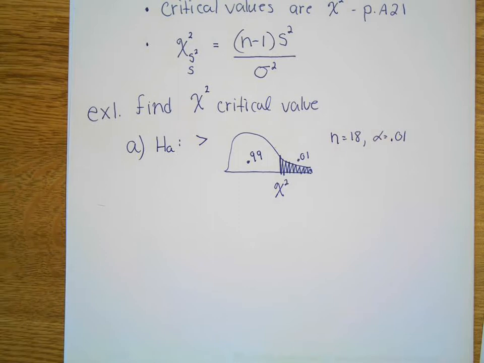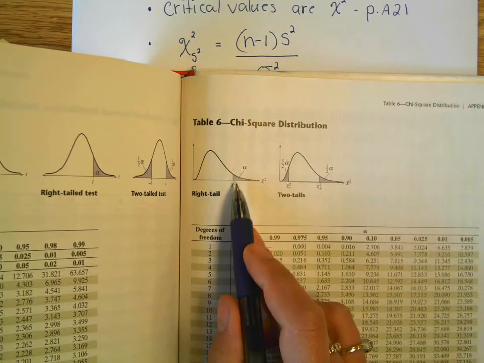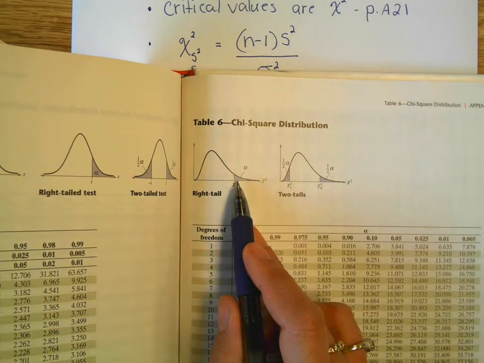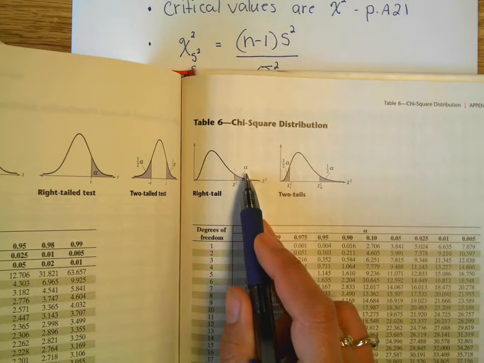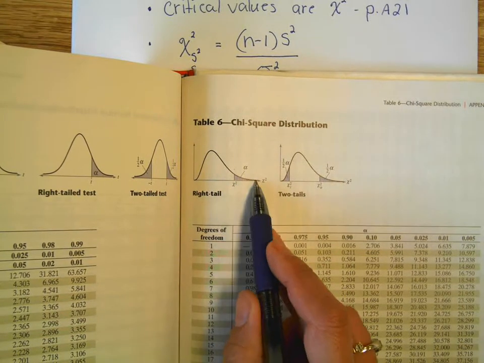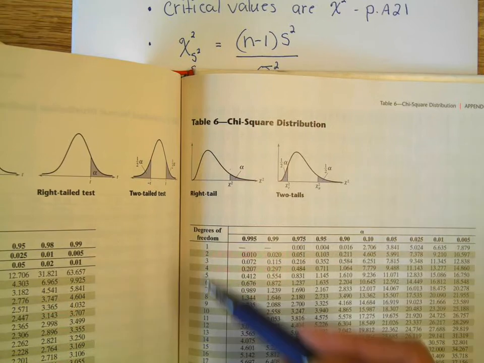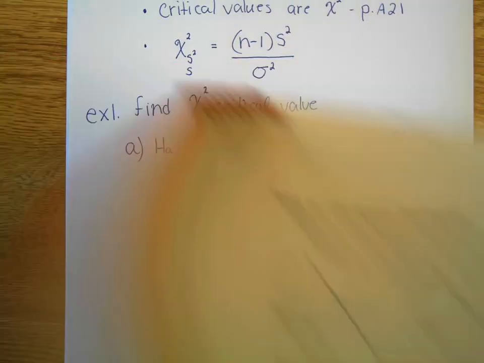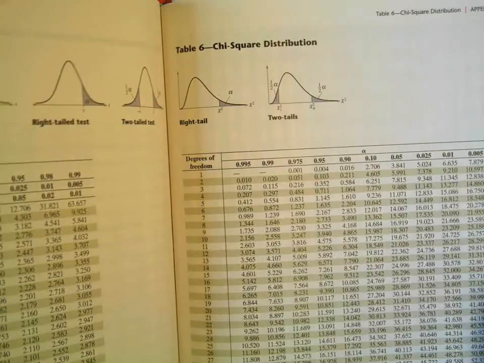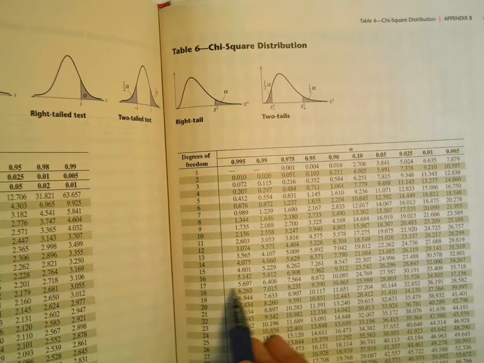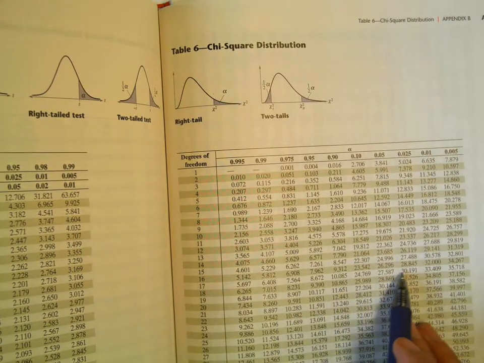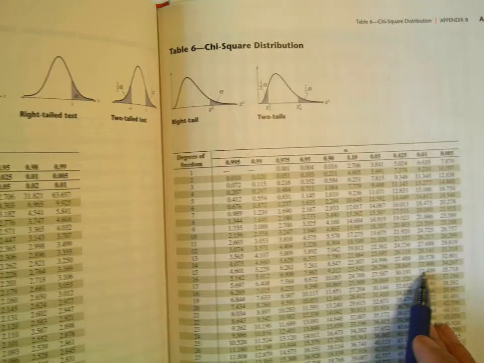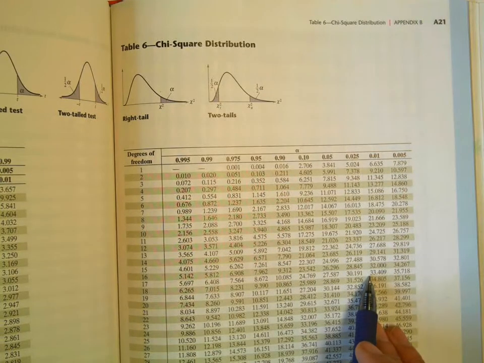Which one do I want to look at, the 0.99 or the 0.01? 0.01. Chi-squared is area to the right. See how they've got it shaded to the right? This is your alpha. You want to look the alpha up, which is to the right. Degrees of freedom is 1 less than the sample size, so 17 and the 0.01. 33.409 for those at home.